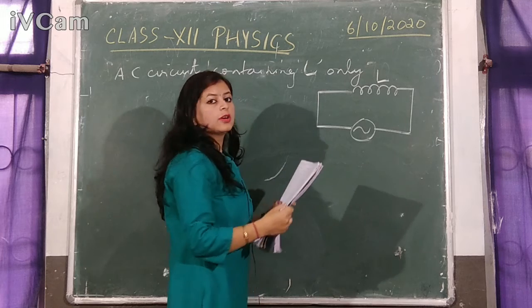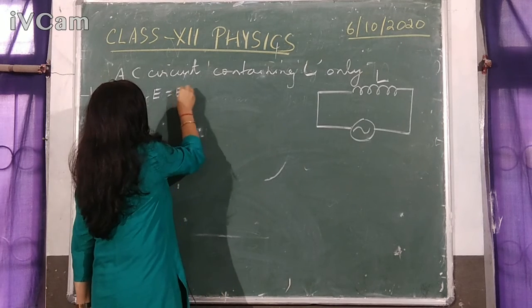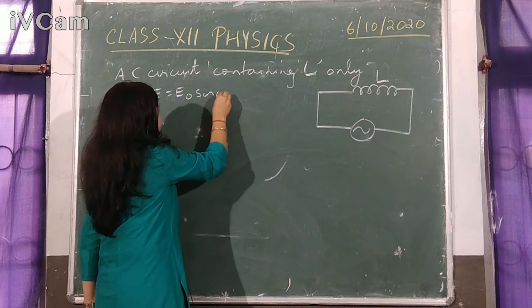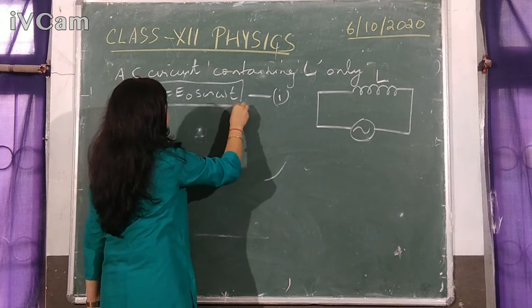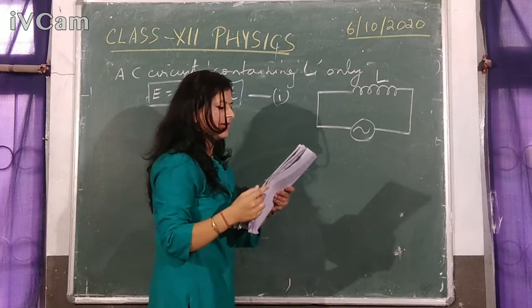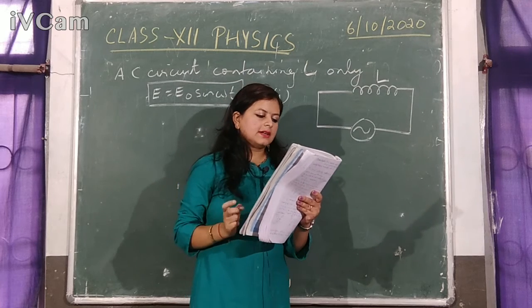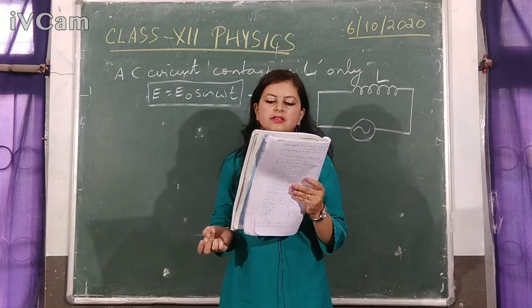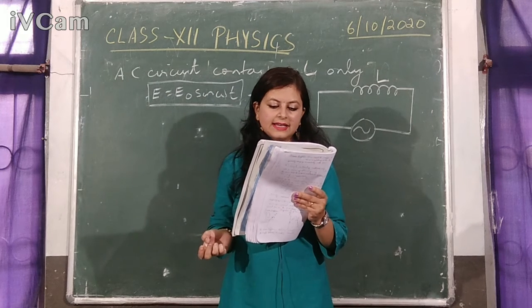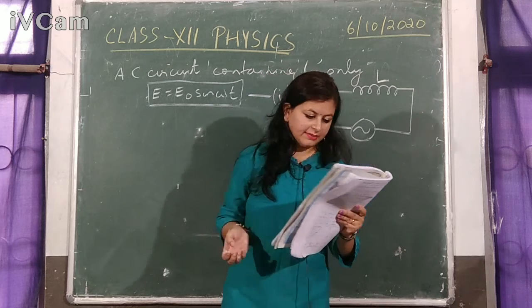So let a source of alternating EMF be represented by E equal to E naught sine omega t. Let's take it as equation 1. We are going to compare it later with the equation for current, and see if they are in phase or not. Now, inductor, if you recall your previous chapter, due to the rate of change of current through L at any instant t, there is an induced EMF produced at the same instant.